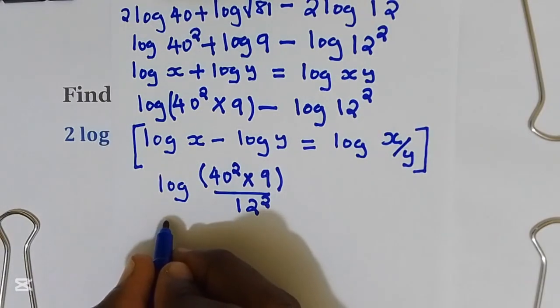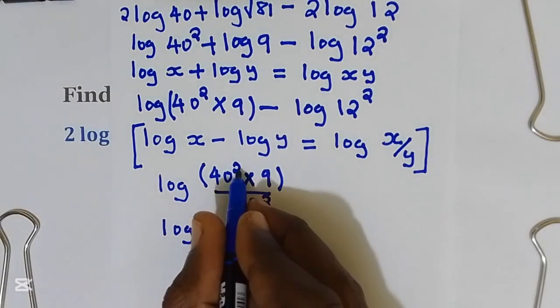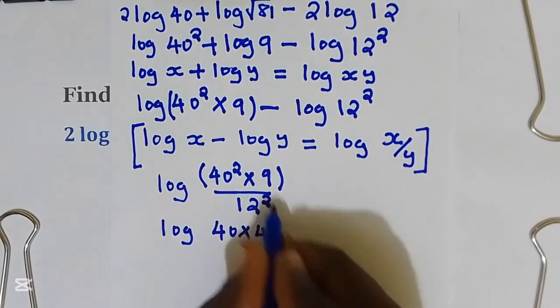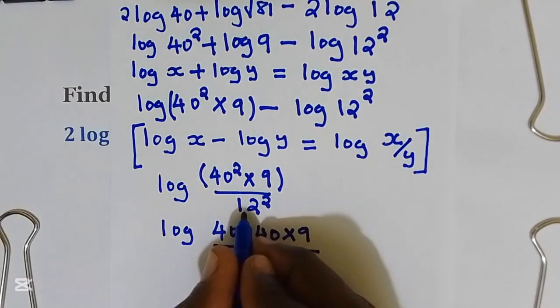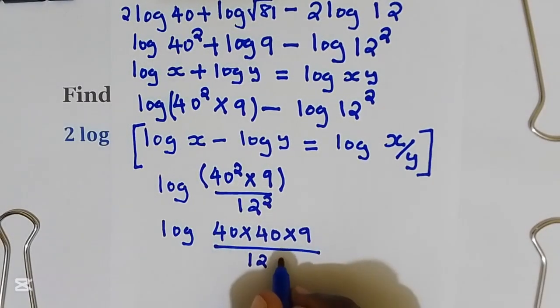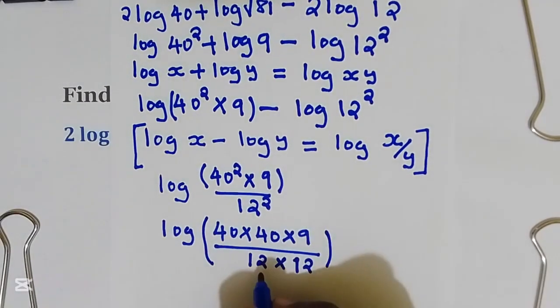Let us simplify. We have log 40 square, this is the same as 40 multiplied by 40, multiplied by 9, divided by 12 power 2, that is 12 multiplied by 12. We can simplify here.